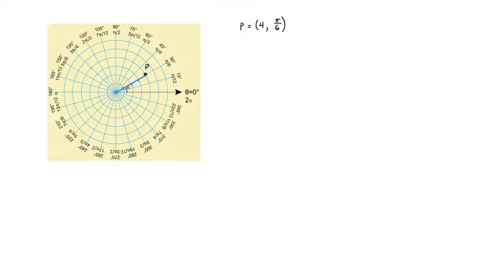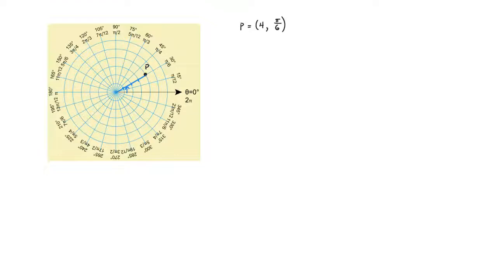I can go one complete revolution, so 2 pi and then pi over 6. I can go 2 revolutions and then pi over 6. I can go the other way around, let's say clockwise, and I have this angle right here. So a point P on the polar plane has infinitely many representations.